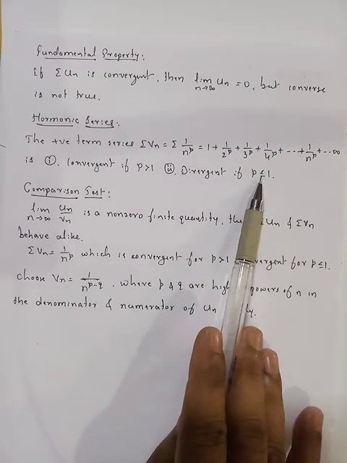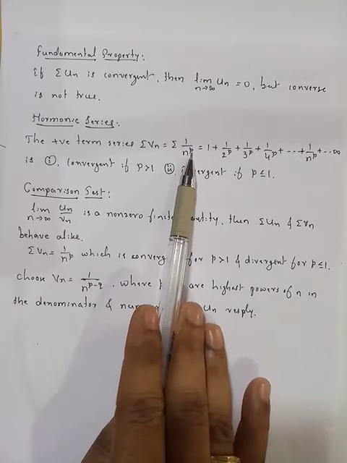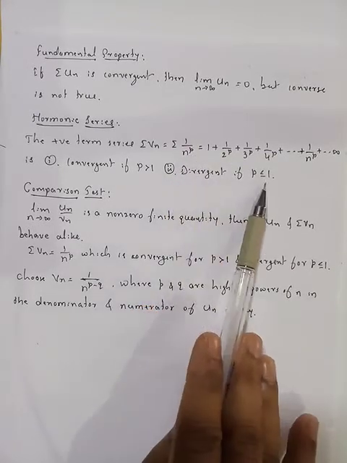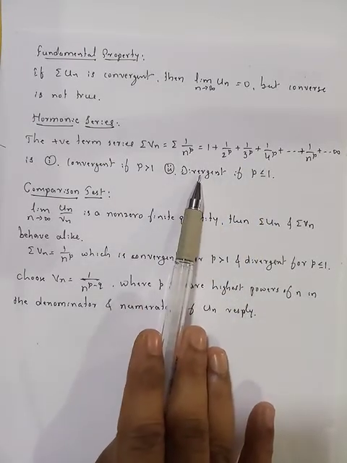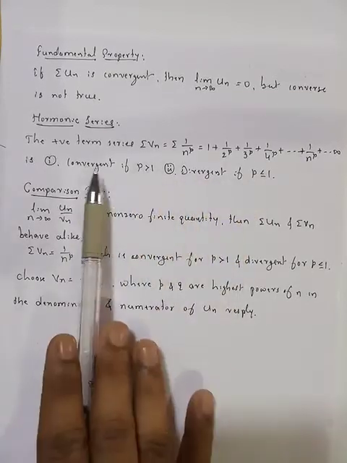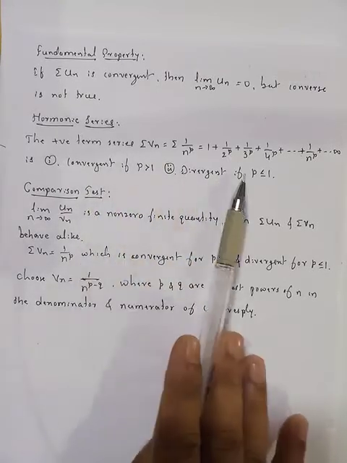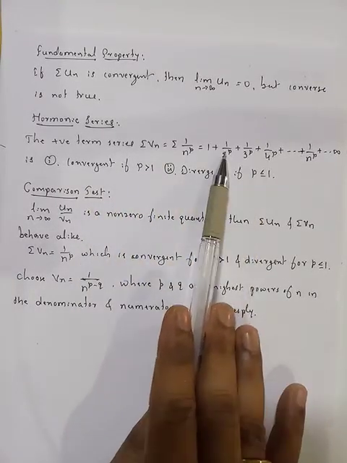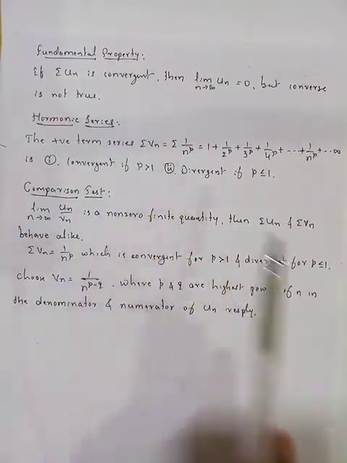If p is less than or equal to 1, for example 1 divided by n, where p equals 1, the harmonic series is divergent. So we need to remember these two conditions: when p is greater than 1, the harmonic series is convergent; when p is less than or equal to 1, it is divergent. These are the two important results in infinite series.